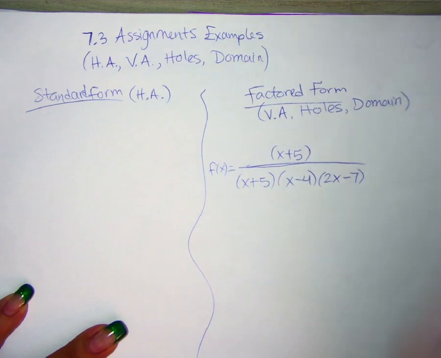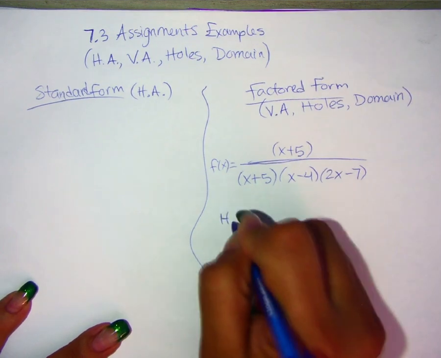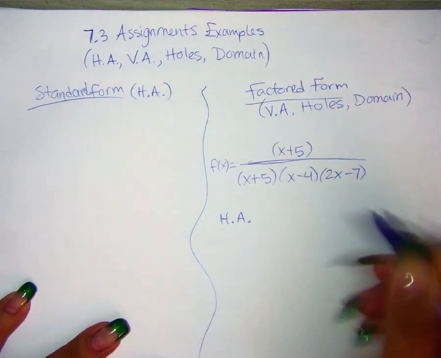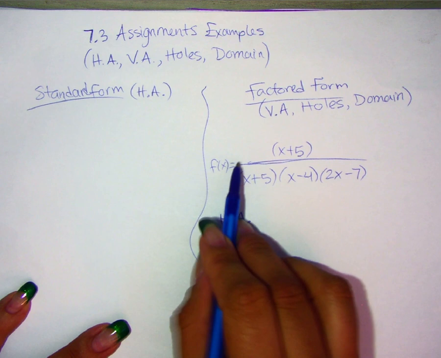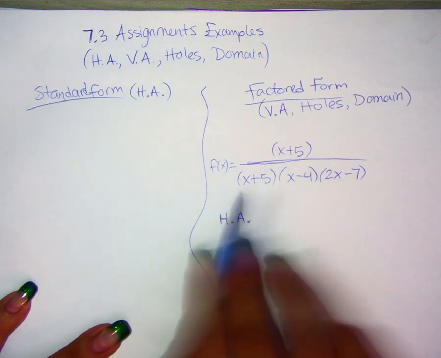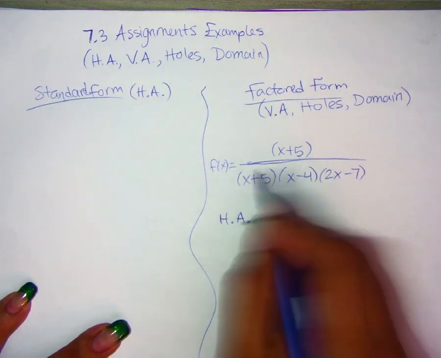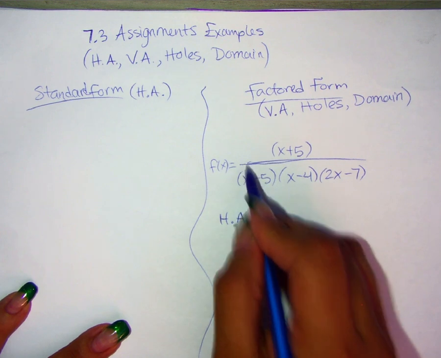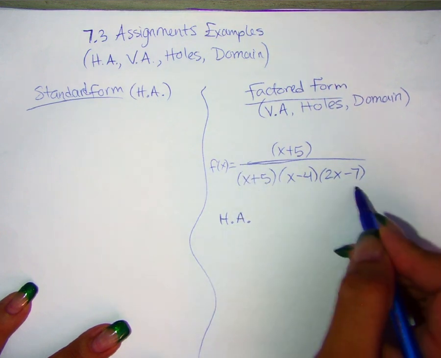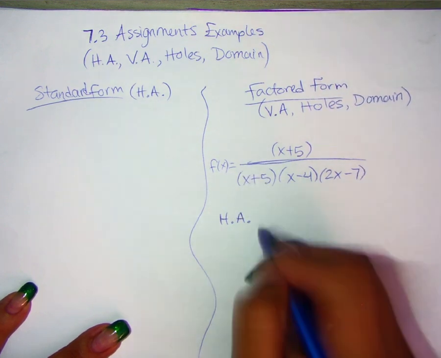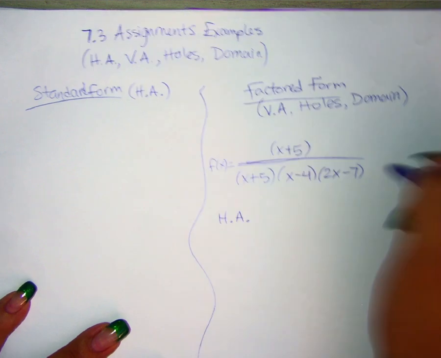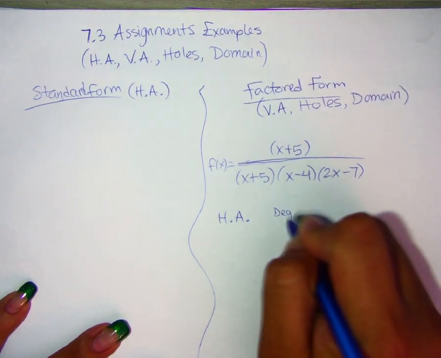whenever you are being asked to identify the horizontal asymptote, you can't just look at a degree here. You have to identify the degree by thinking of what the degree would be if you multiply these factors with each other. So we're going to look at the degree on the numerator.